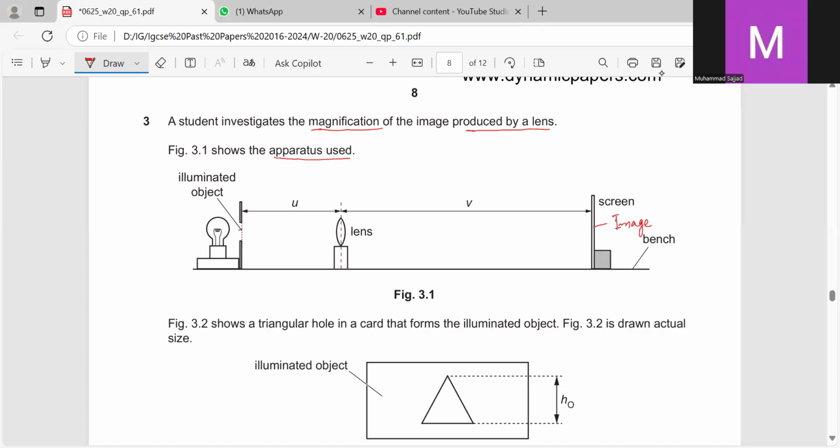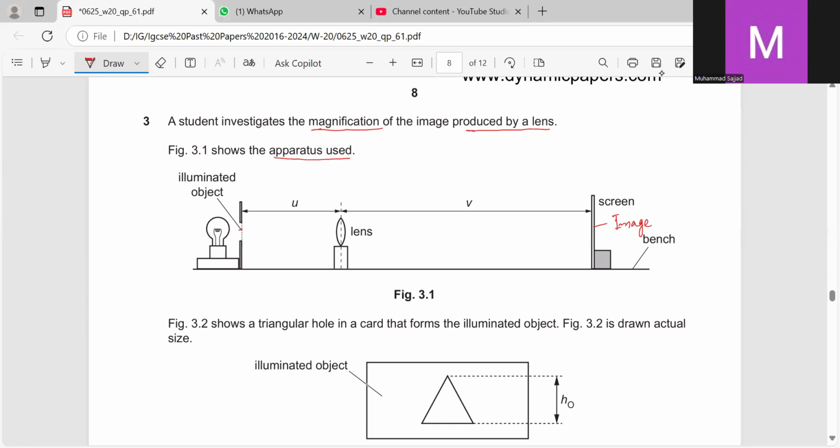Now here are some important factors. The arrangement is always like this: on the extreme right, there is the screen where the image is made, and on the extreme left there is an illuminated object, and in between the object and the screen there will be the lens. It will not be just placing the lens in between. There will be a particular arrangement, a particular distance from the object to the lens and also from the lens to the screen.